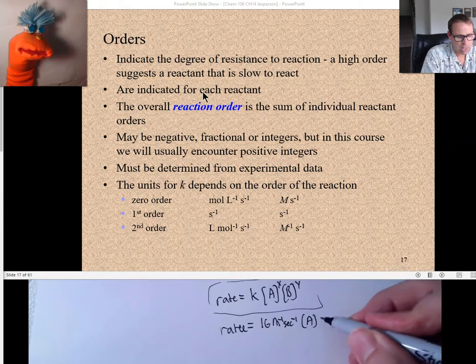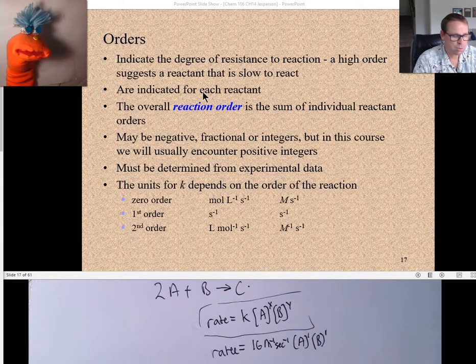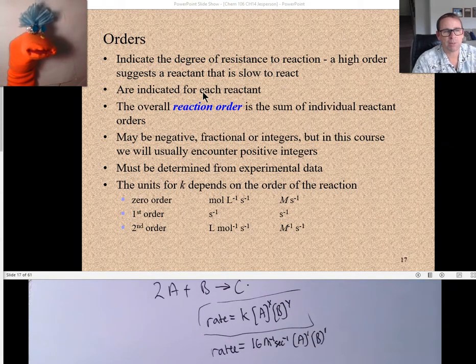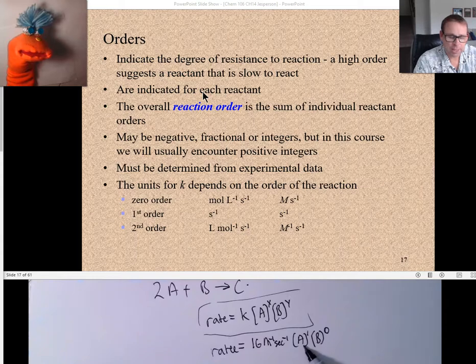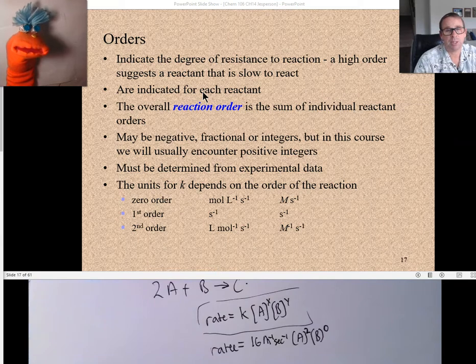And concentration of A to the 1, concentration of B to the 1, all right, then I can say that the rate of this reaction, because I have a complete rate law here now, is first order with respect to A and first order with respect to B. All right, if there's a 0 up here, that means it's first order with respect to A, 0 order with respect to B. And again, if this might be a 2, then you would say it's second order with respect to A, 0 order with respect to B.